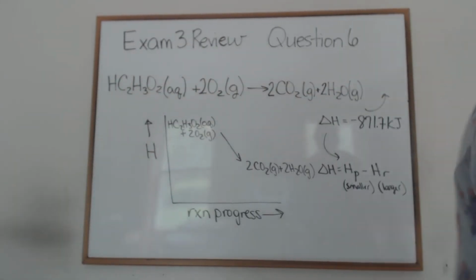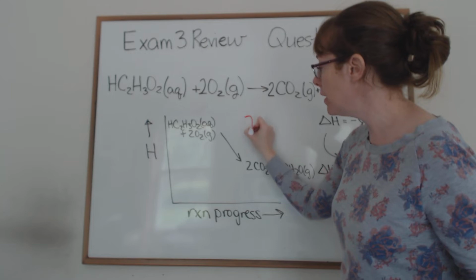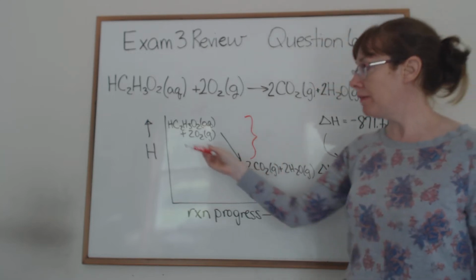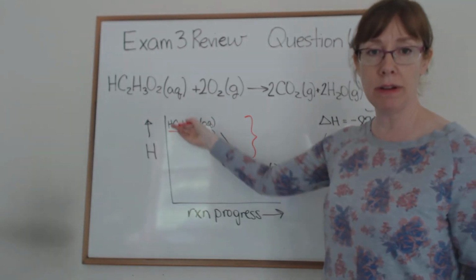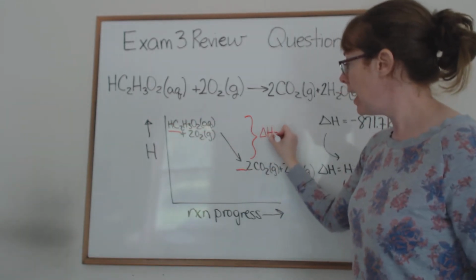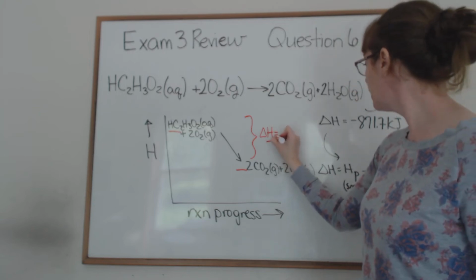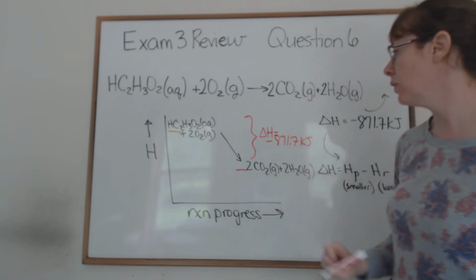Now, to make it kind of complete, what most people would do is note the fact that the difference between the H of the reactants and the H of the products would be the delta H. And in this case, it would be negative 871.7 kilojoules.